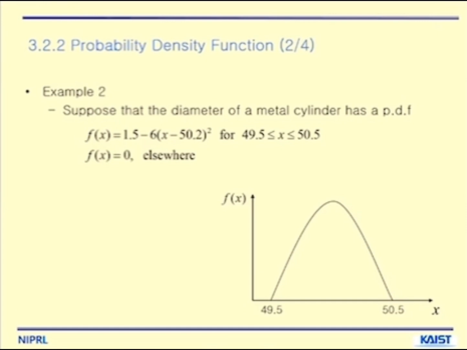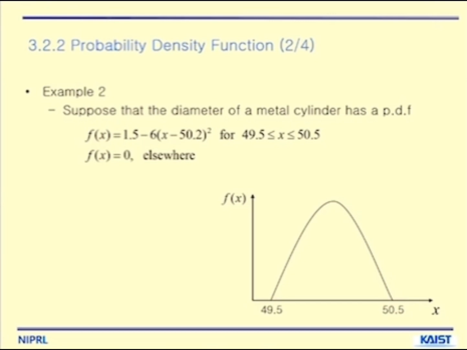Now, what am I trying to do here? That plot is actually a density plot, the density plot of f of x against x. When I use values between 49.5 and 50.5, plug those values into f of x, and plot f of x against x, that's what I'm going to have. Any question? That's a density plot.